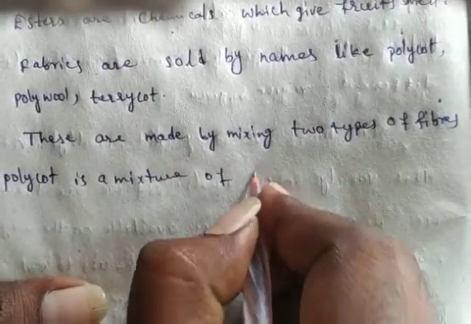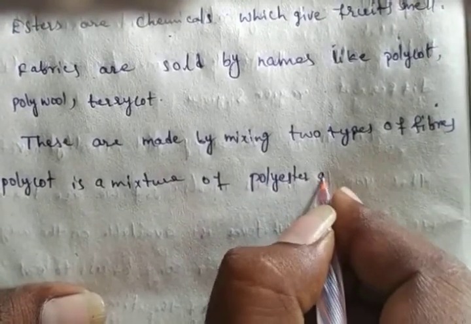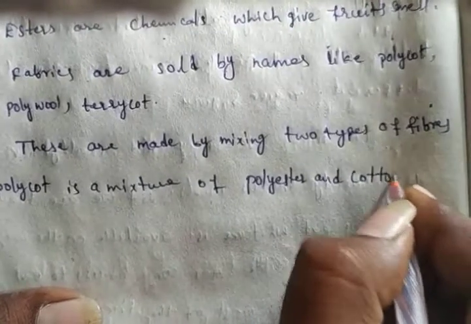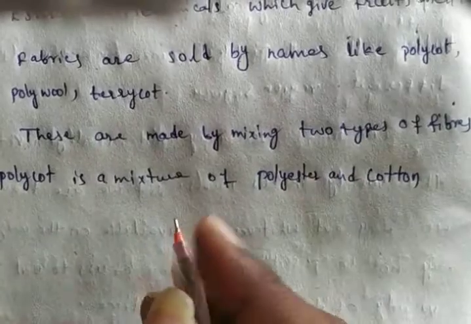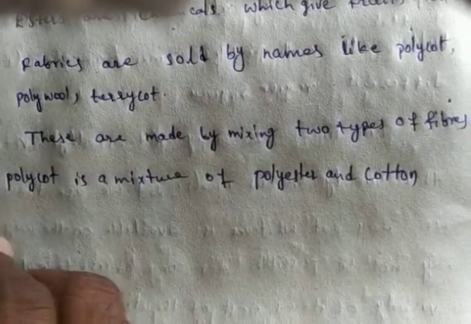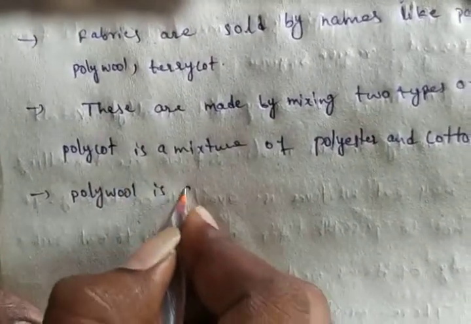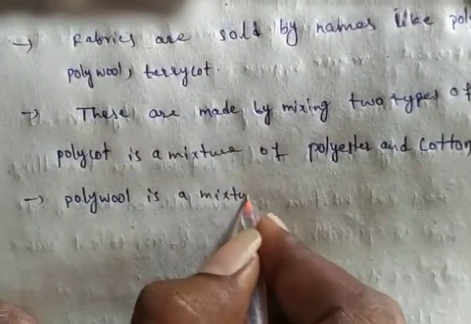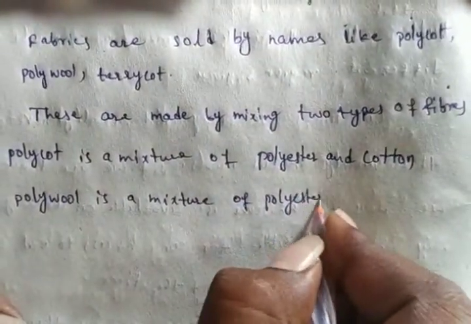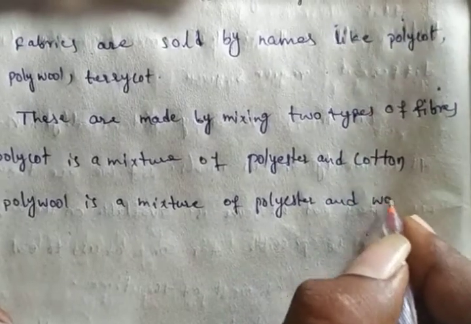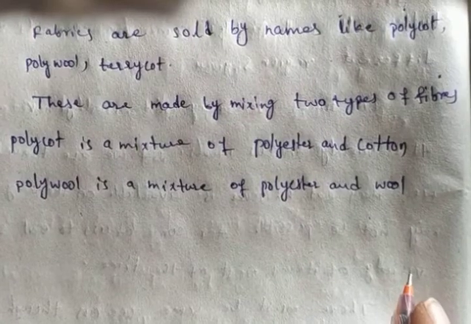Polycot means it is a mixture of polyester and cotton. In the same way, polywool is a mixture of polyester and wool.